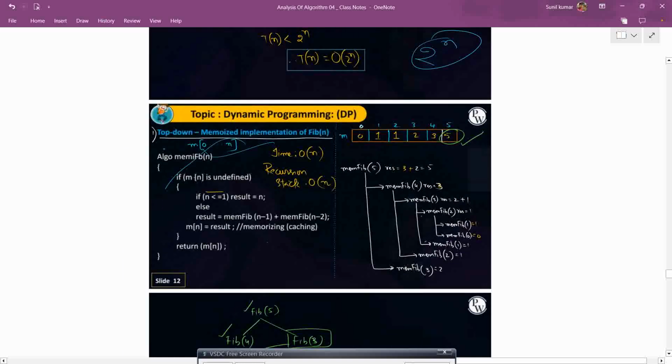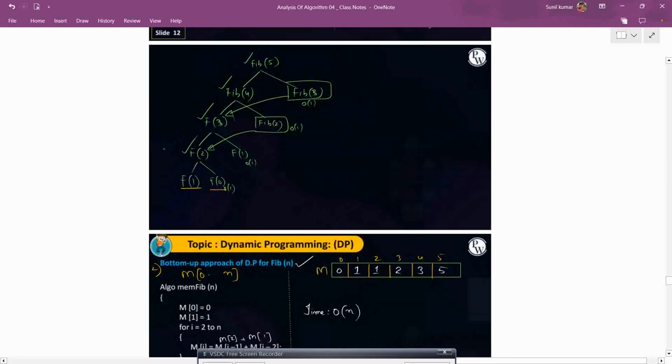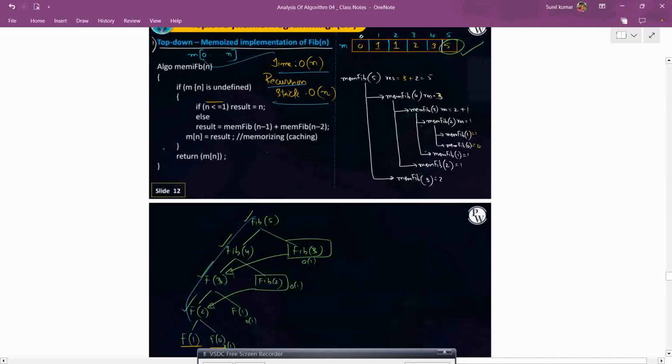This is how the top-down memoized implementation of Fibonacci works. Now the time is order of n, along with the recursion stack of order n. The time complexity is reduced drastically, right?